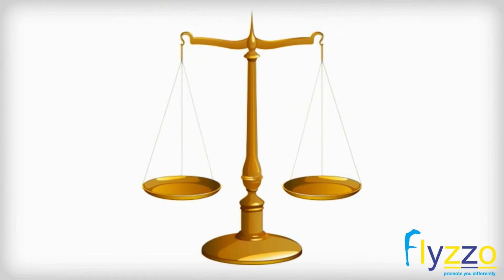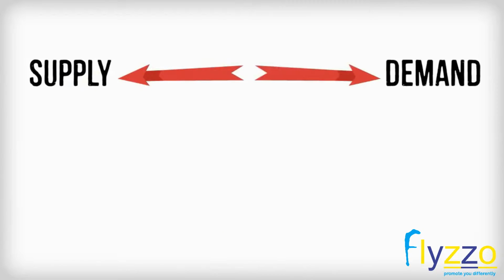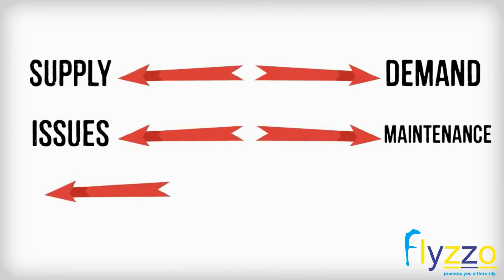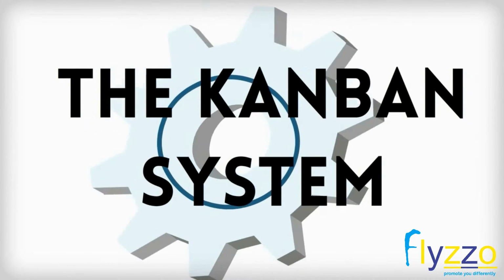Using this system balances the demand of our customers against the very real limits of our workforce. It also allows companies and teams to achieve a finely tuned balance between supply and demand, issues and maintenance, sales and orders.